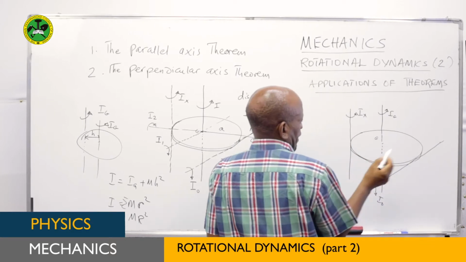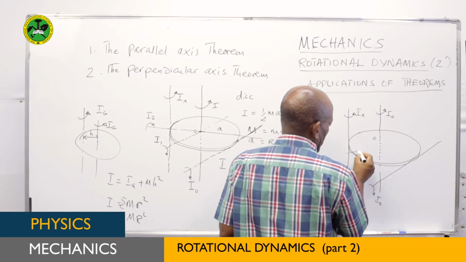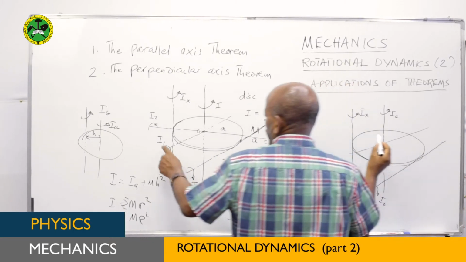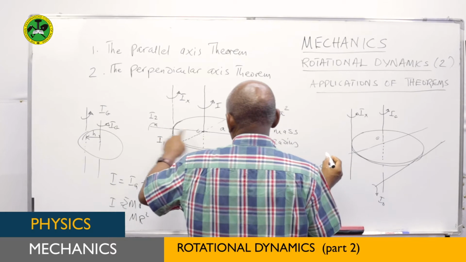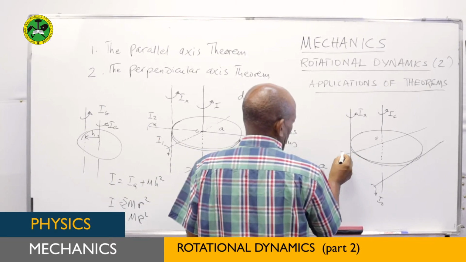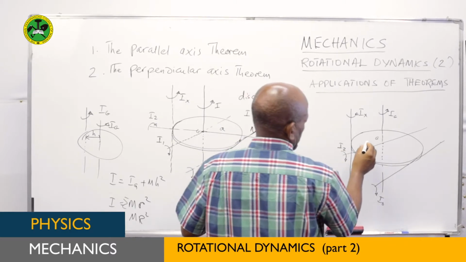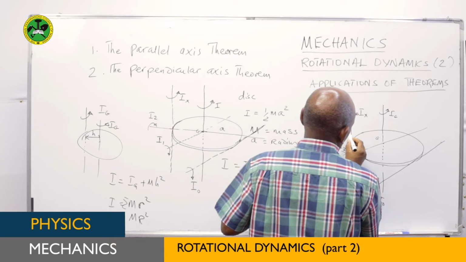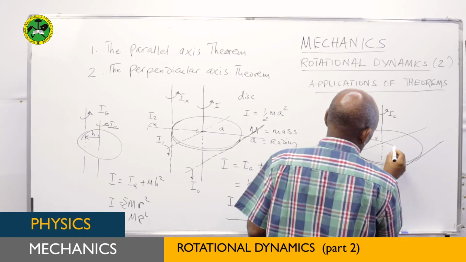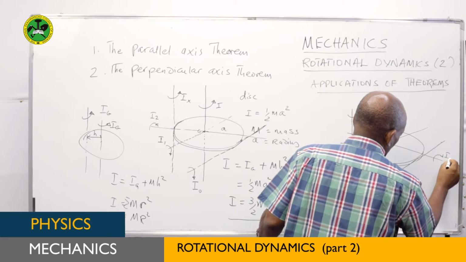So I can just pick any two axes which are perpendicular to each other. Let me take the first one, as I've just drawn here, as I2. So let me take this axis here as I2, and the one perpendicular to this one, the one which is just passing through the center, to be I1.